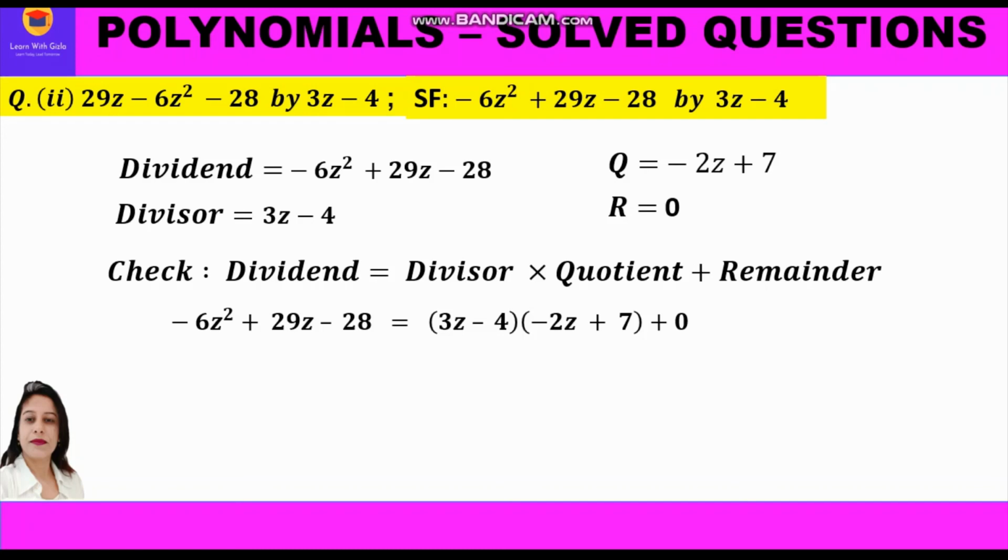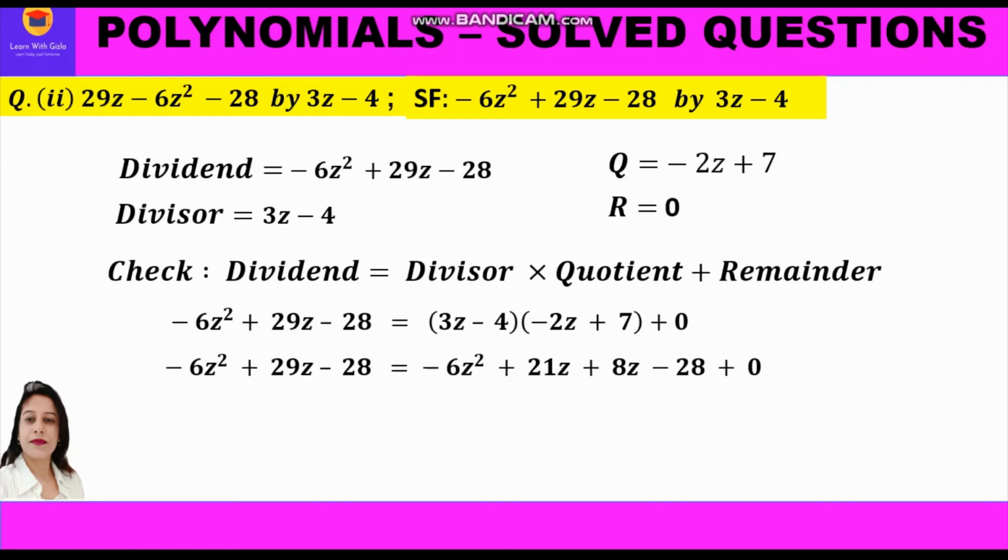Now we shall simplify the bracket, that is, two binomials are there, so we have to simplify them. We shall write minus 6z square plus 29z minus 28, that is the dividend, as it is, and it is equal to, now 3z into minus 2z is minus 6z square, 3z into 7 is 21z, minus 4 into minus 2z is 8z, and minus 4 into 7 is minus 28 plus 0.